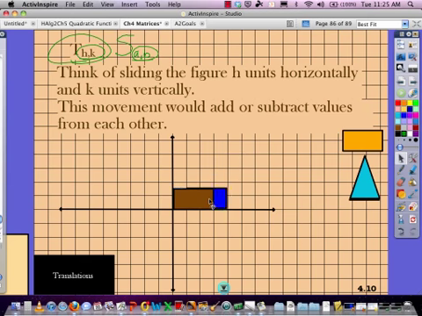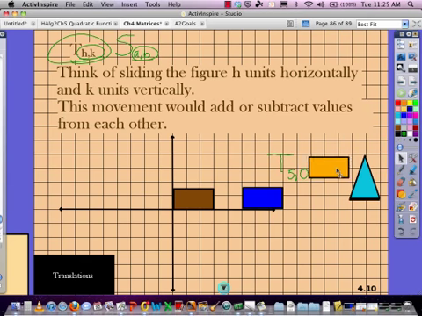I would go 1, 2, 3, 4, 5. And that would be my final position for this new rectangle. What did I do in terms of a translation? You should be thinking, well, she just did a translation of 5 units to the right and 0 up.